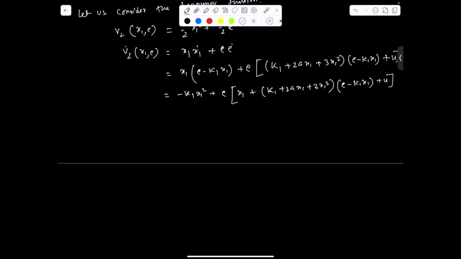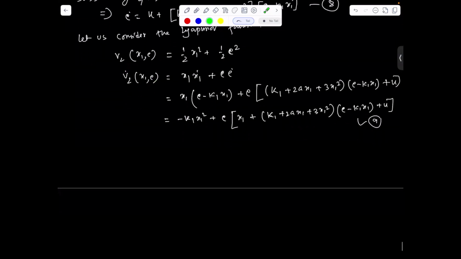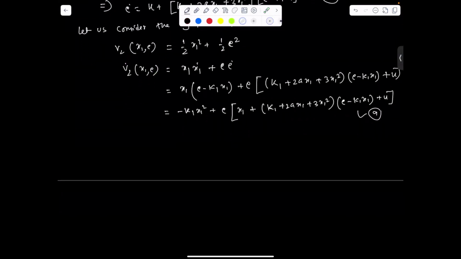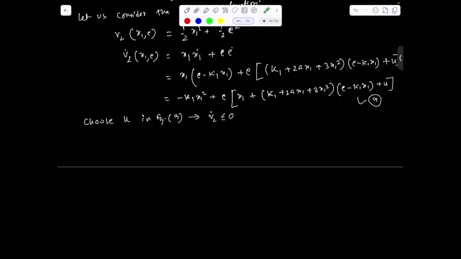Now we have to choose u in this equation, let us define it as 9, in such a way that V2 dot is negative definite. So for this we can choose u in equation 9 which makes V2 dot less than or equal to 0. To achieve this condition, we have to modify this u accordingly.